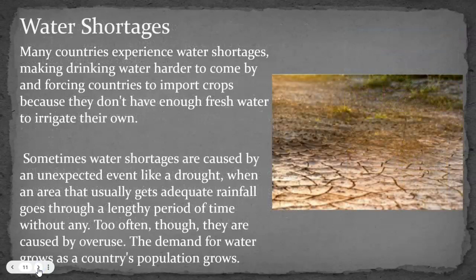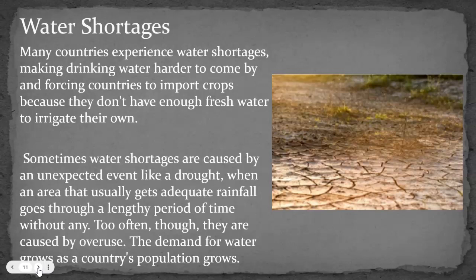Now, here's the big deal. Many countries experience water shortages, making drinking water harder to come by, forcing countries to import crops because they don't have enough fresh water to irrigate their own. Sometimes water shortages are caused by unexpected events like droughts, where they don't get adequate rainfall for a very long period of time.